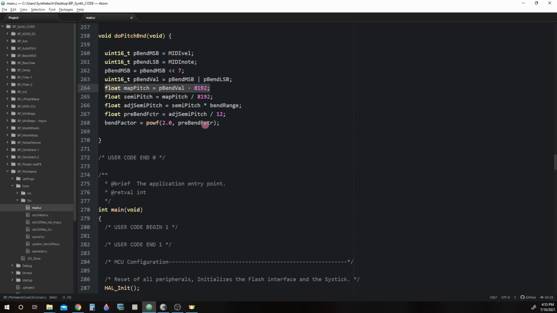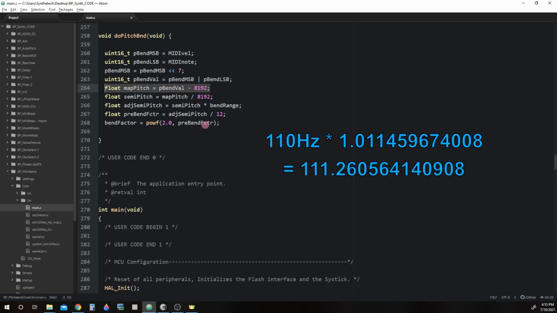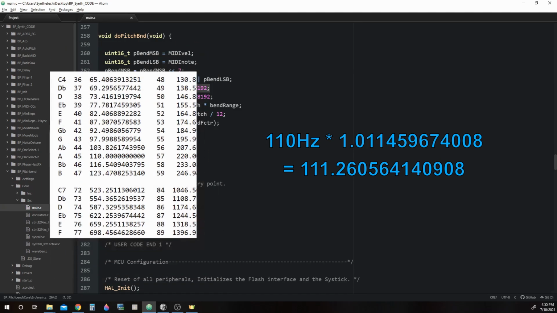In this case, a frequency of 110 times 1.01145967408 equals 111.260564140908. So we bent our note up from 110 Hz to 111.261 Hz, not even half a semitone.